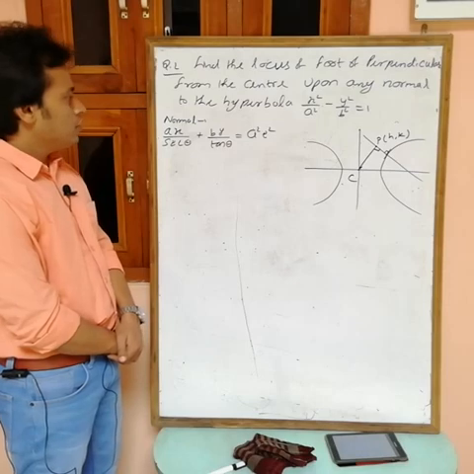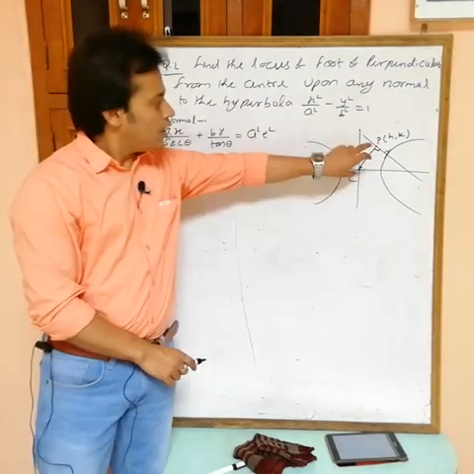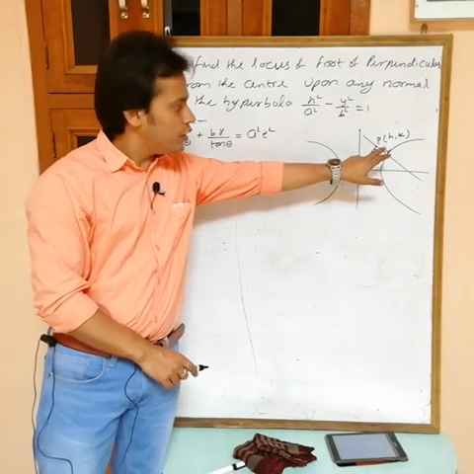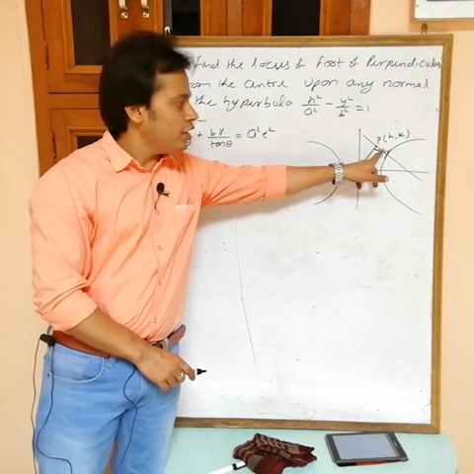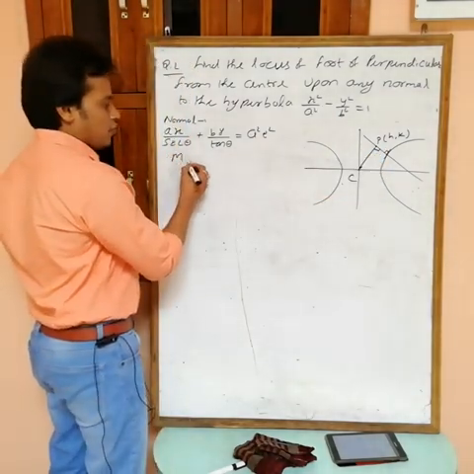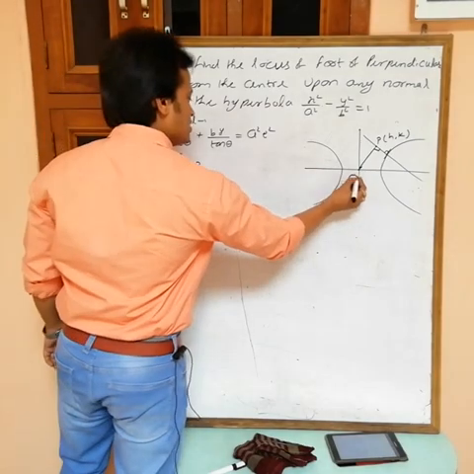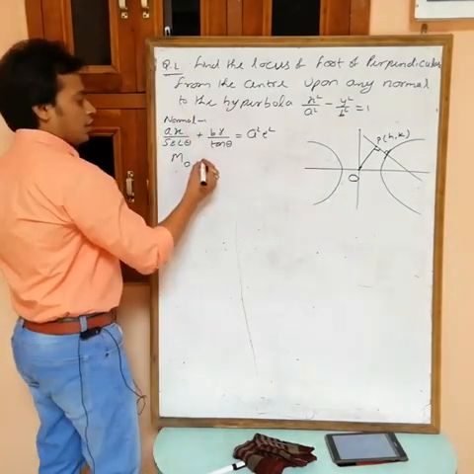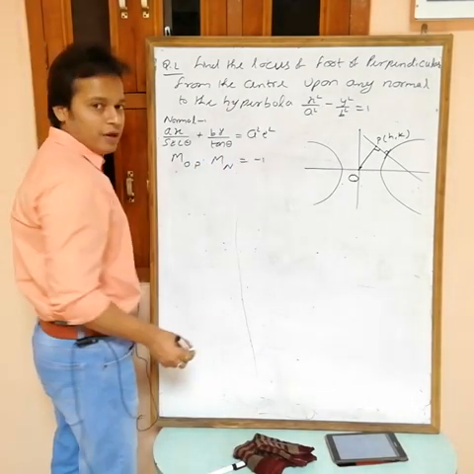See. First thing, m1, this one is perpendicular to this line, na? Okay. So m1 m2 equals to minus 1. So can I say that m of OP into m of normal is equals to minus 1.